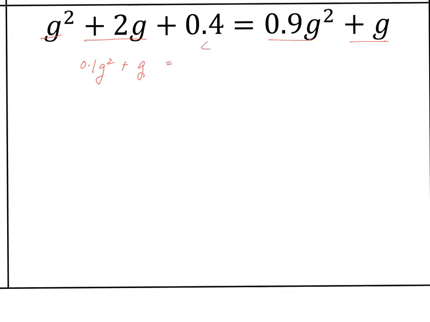And then I can move this over, so this would be negative 0.4. Now, my leading coefficient here is not 1. So I can employ a technique by multiplying by 10, or distribute 10 to every single term. This would be g squared plus 10g equals negative 4. Now, I'm ready to complete the square.